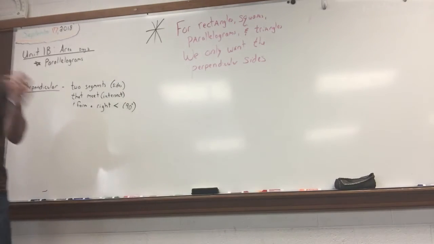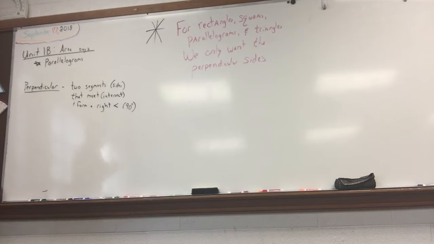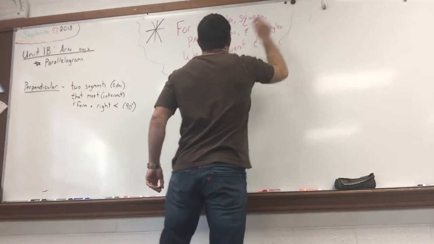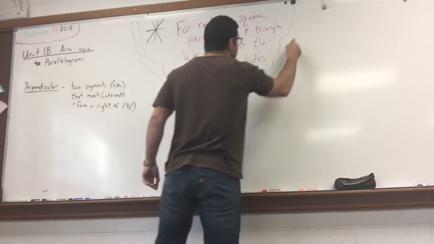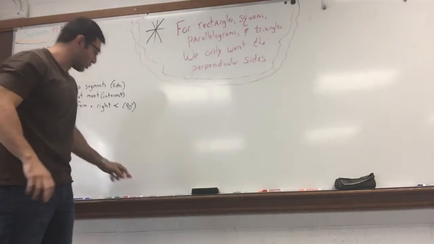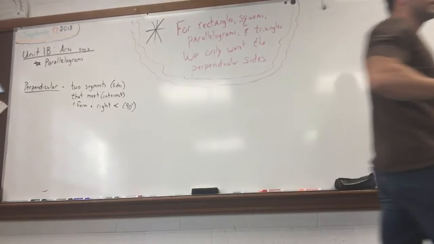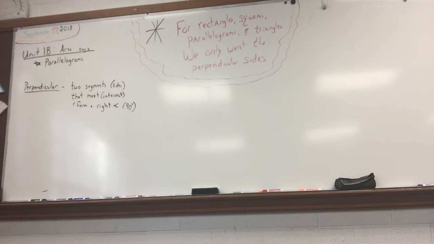We are only worrying about the perpendicular sides. That's it. I don't know how you want to make sure that this is important to you, but you need to make sure that it is important. This is how we're going to find the area for rectangles, squares, parallelograms, and triangles. We only need 2 sides to find the area of all 4 of those shapes. We only need 2 sides, but those sides have to be the perpendicular sides. Does everybody understand that? Perpendicular, meet, form a right angle.